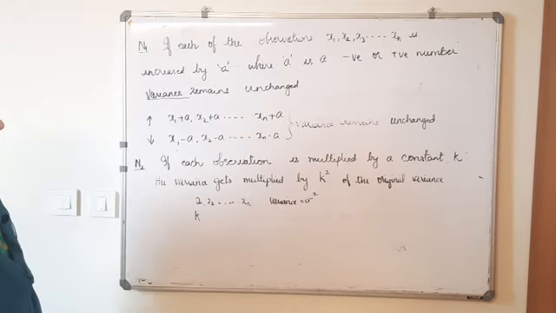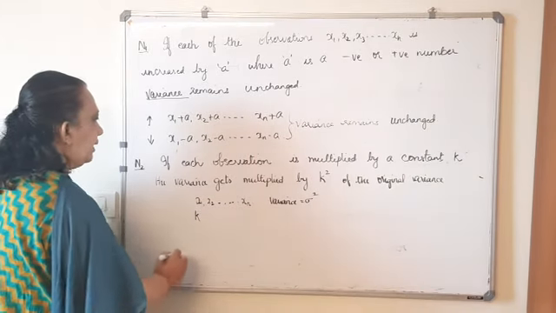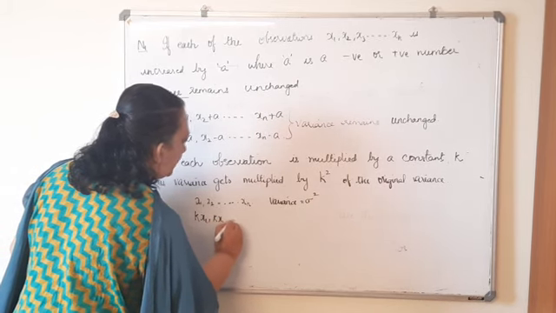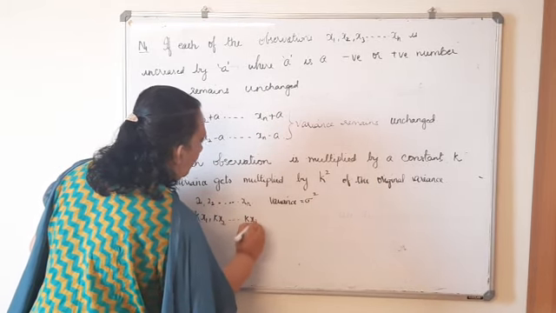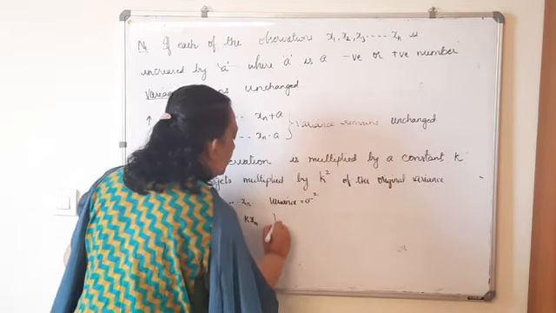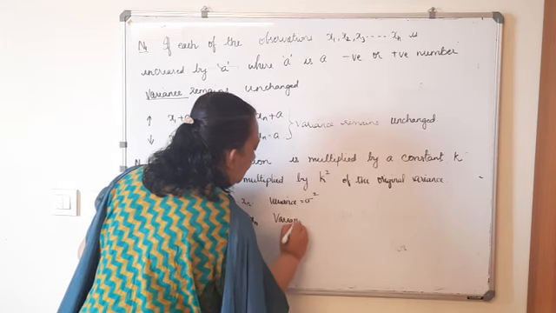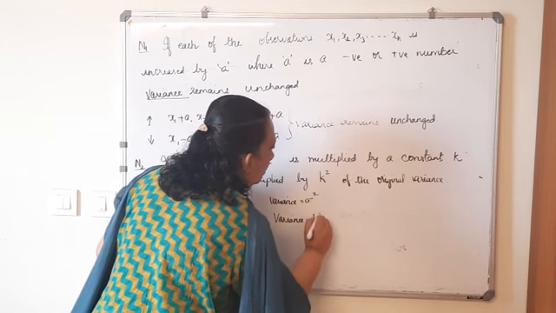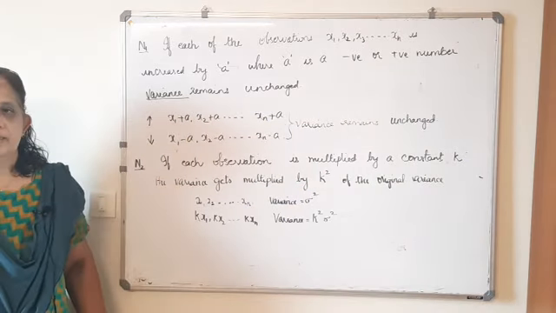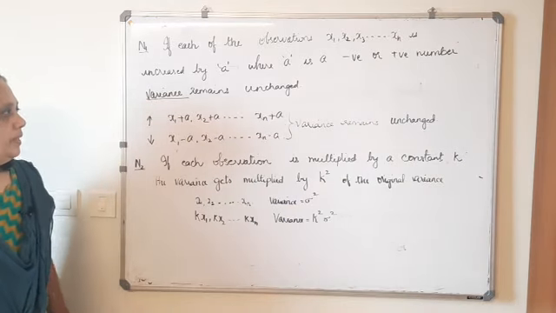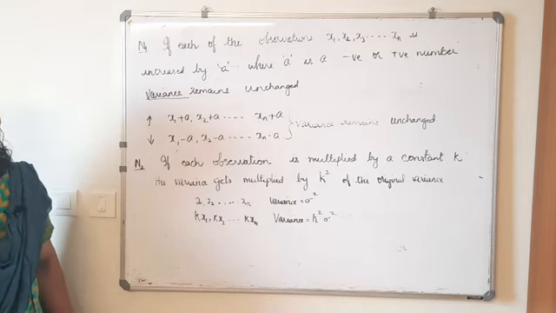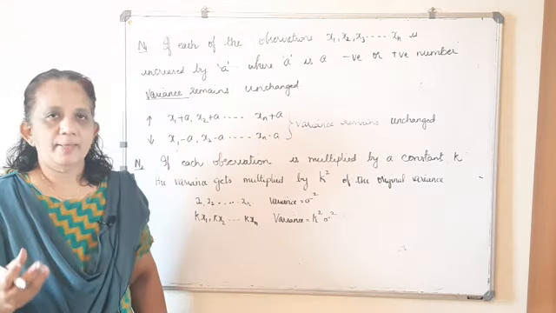Now you are multiplying each of the observations by the constant k: k into x1, k into x2, etc., k into xn. Then the theorem states that in the new case, the variance becomes k squared into sigma squared. So these are the two fill in the blanks you can get. You can try with some small examples.